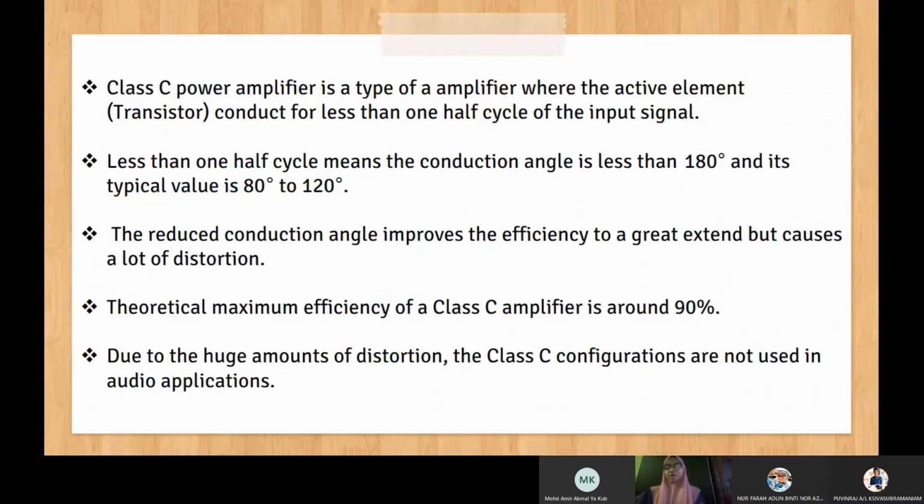The reduced conduction angle improves the efficiency to a great extent but causes a lot of distortion. The theoretical maximum efficiency of a Class C amplifier is around 90%. Due to the huge amount of distortion, the Class C configuration is not used in audio applications. Next.